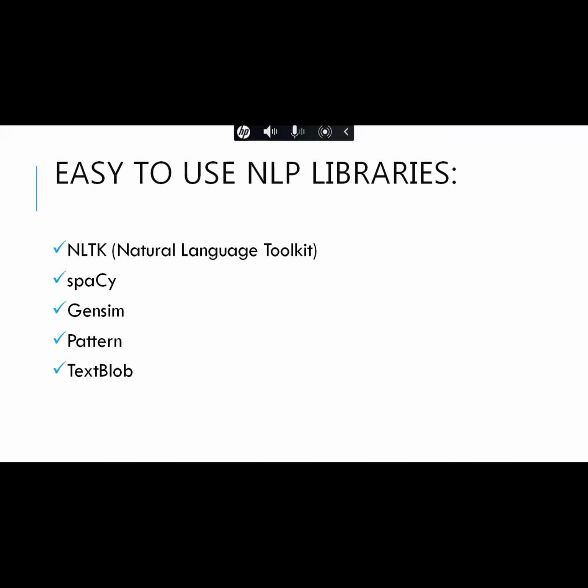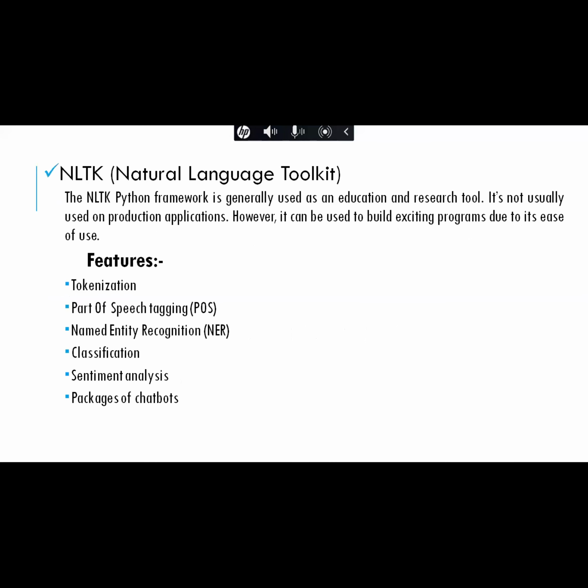Easy to use NLP libraries include Natural Language Toolkit, spaCy, Gensim, Pattern, and TextBlob. The Natural Language Toolkit is a Python framework generally used as an education and research tool, and it is not usually used in production applications. However, it can be used to build exciting programs.